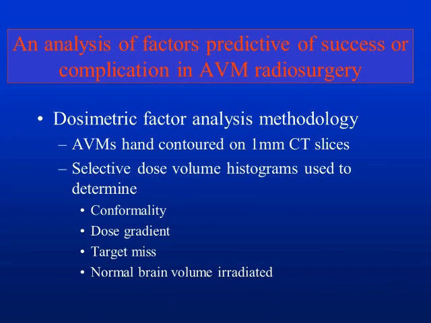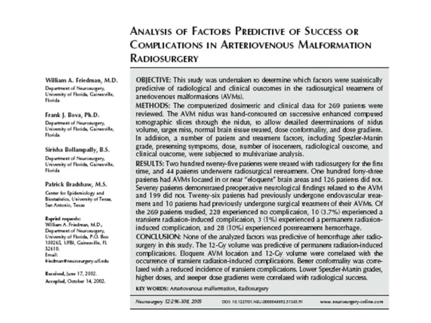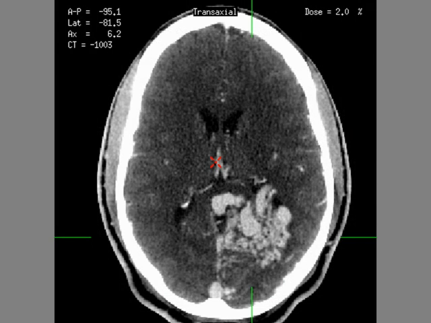In another study, we did a very detailed analysis looking at dosimetric factors, and I'll explain what I mean by that. This was the Ballin poly. Here's an AVM nidus. Now, when we're looking at an AVM nidus, this is not part of the nidus. This is a big vein right here.